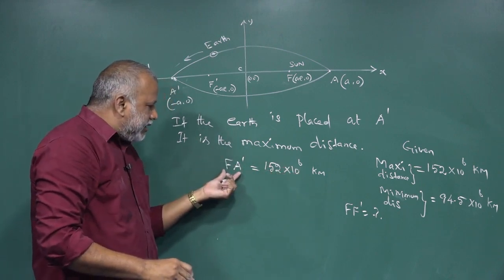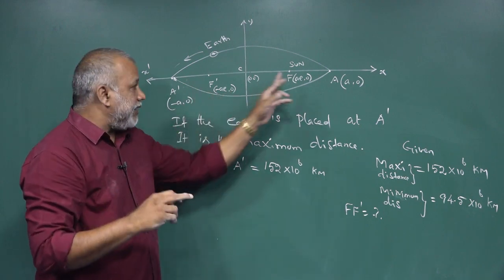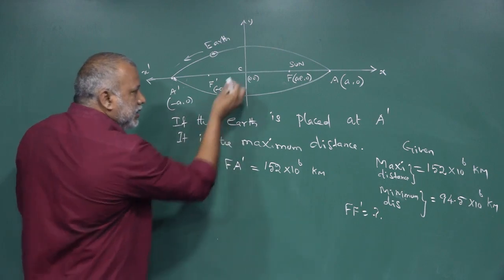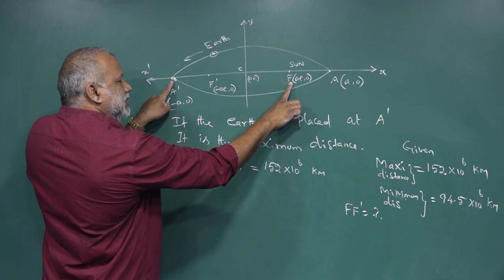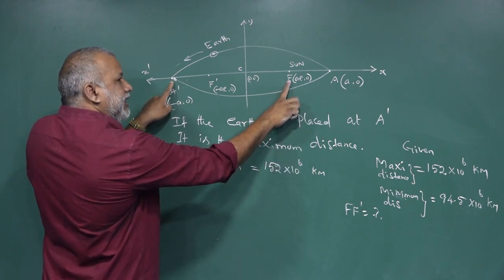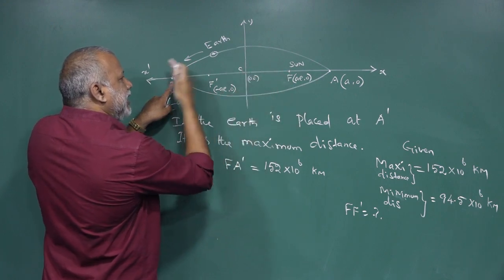So now I am writing F A dash. I am splitting it, see the idea. From F to A dash, that is the maximum distance. See my fingers, I am splitting in two ways. I can write CF separately and CA dash separately.